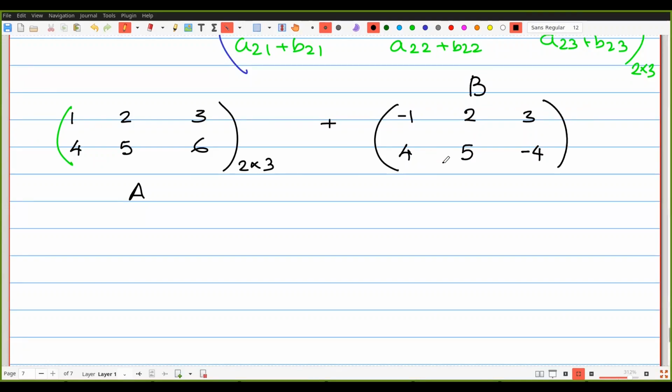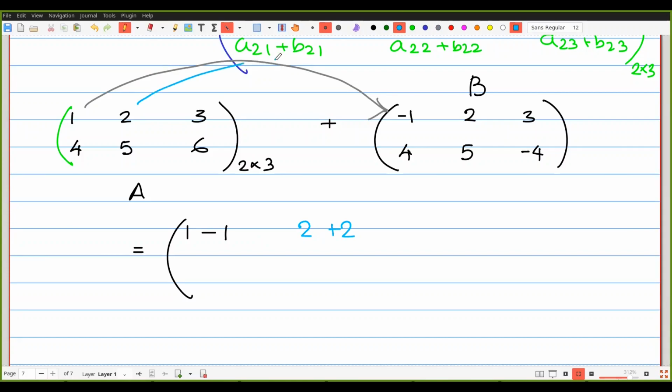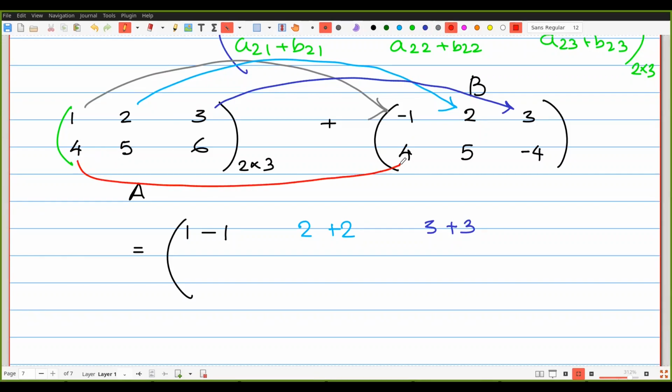That is our B. So after addition, we are getting 1 plus minus 1, then 2 plus 2, then 3 plus 3, then 4 plus 4, then 5 plus 5, and the last one, 6 plus minus 4.